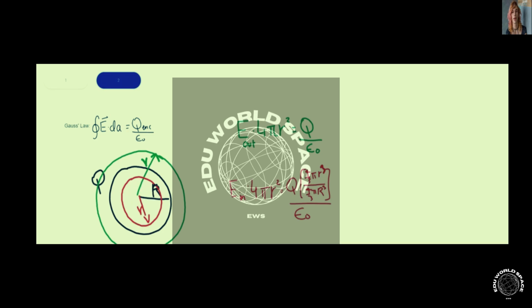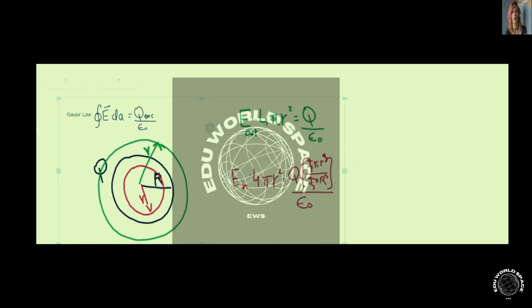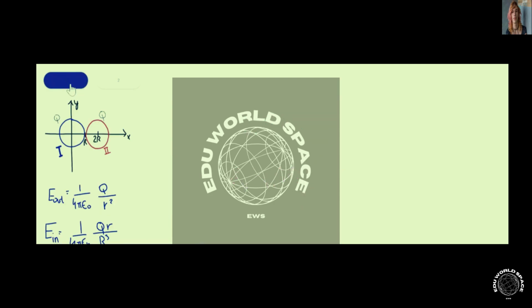To find that, we use a ratio: we multiply the total charge by the ratio of the volumes, the volume of the smaller Gaussian sphere to the volume of the bigger original sphere, as shown here. When you simplify these expressions, you get the expressions that we started with, which we're going to use to figure out electric fields.